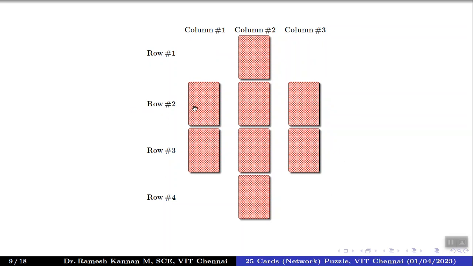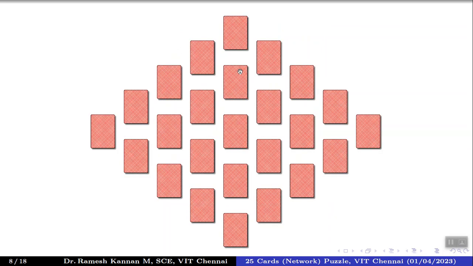You can have fully packed cards in a row, or just a single card, or a few cards in a row. In the same way, you can have fully packed columns or missing playing cards, so that finally it should be 25 like this. If you count, it will be 25 cards.